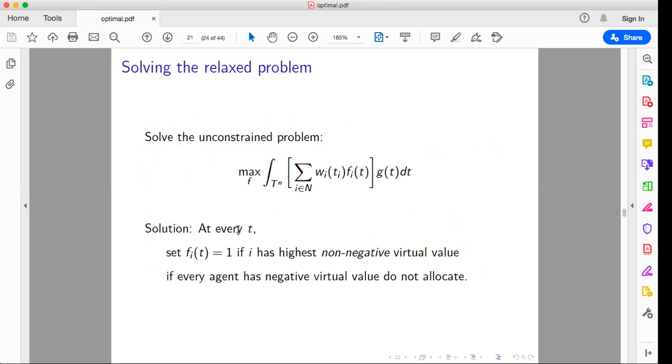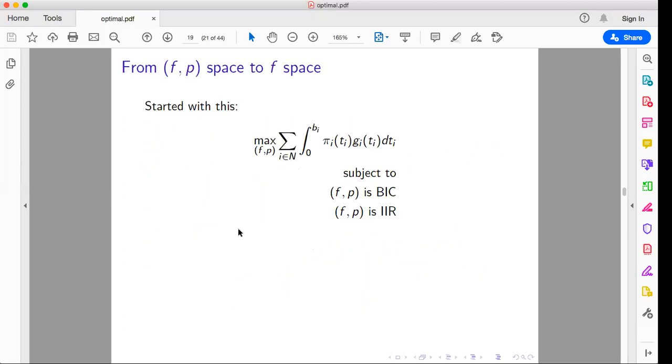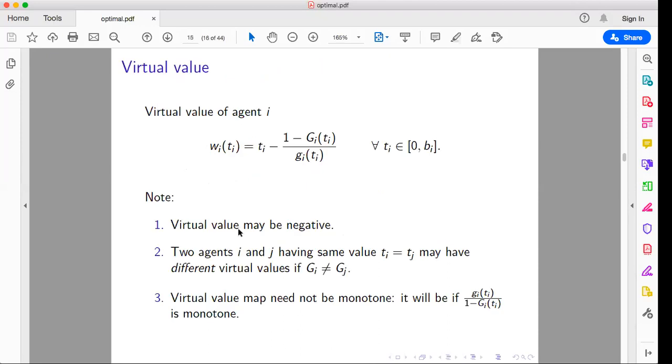Remember, this is the virtual value function, and it depended on G subscript i. But now if the G's are the same, then everybody has the same virtual value function. So instead of w_i, we are just going to have w here.